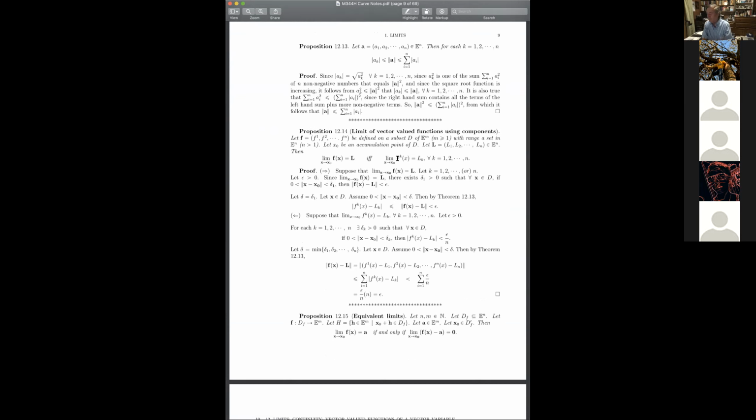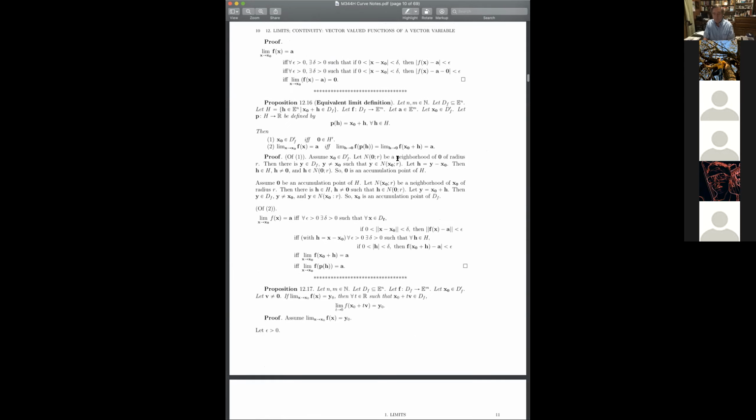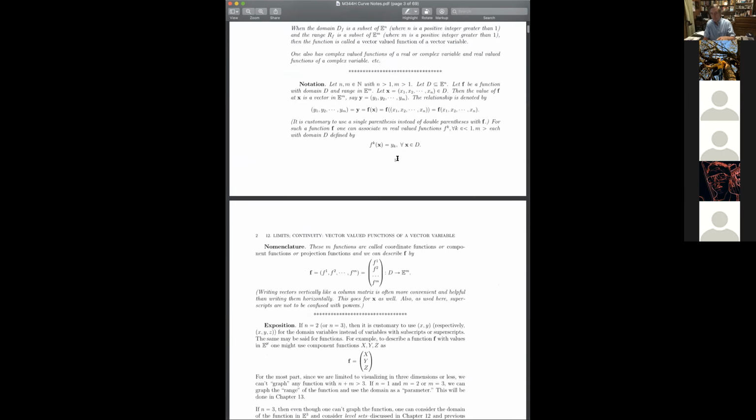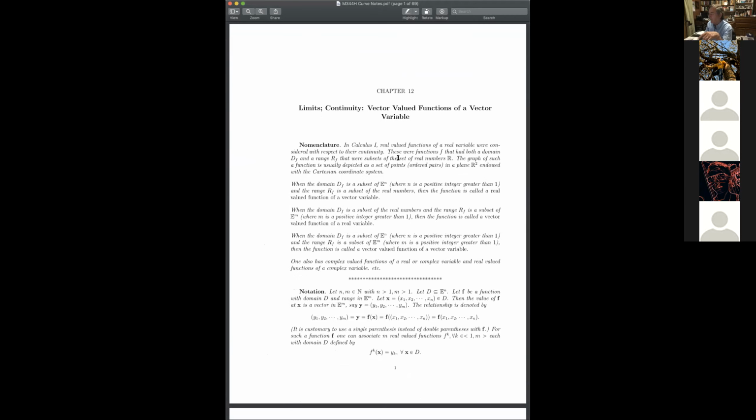You just do 10 things instead of one thing like you did in Calc 1. So please try to read through these notes. It's an attempt to settle for once and for all things about limits and continuity, no matter what these functions are. And I have found that that's the easiest way to make the rest of the material palatable.